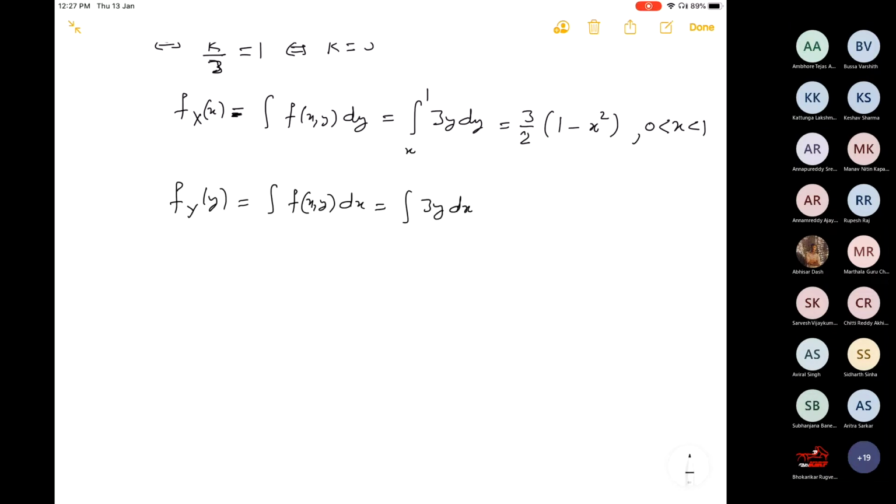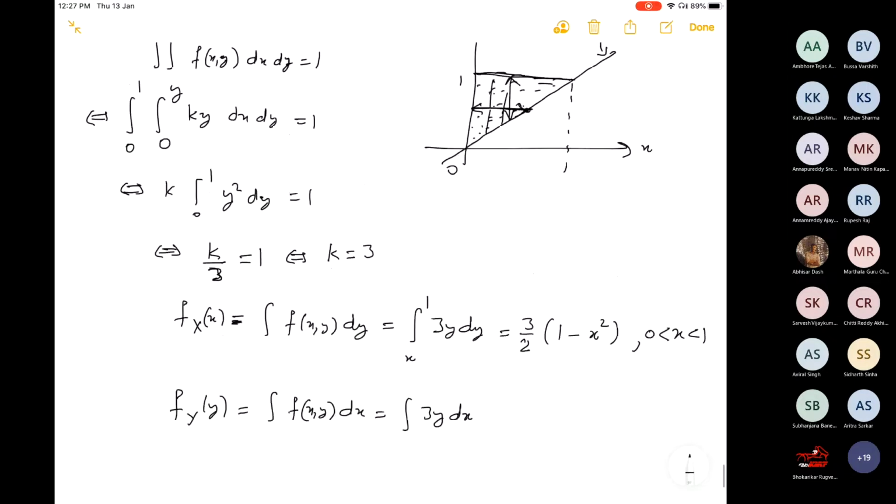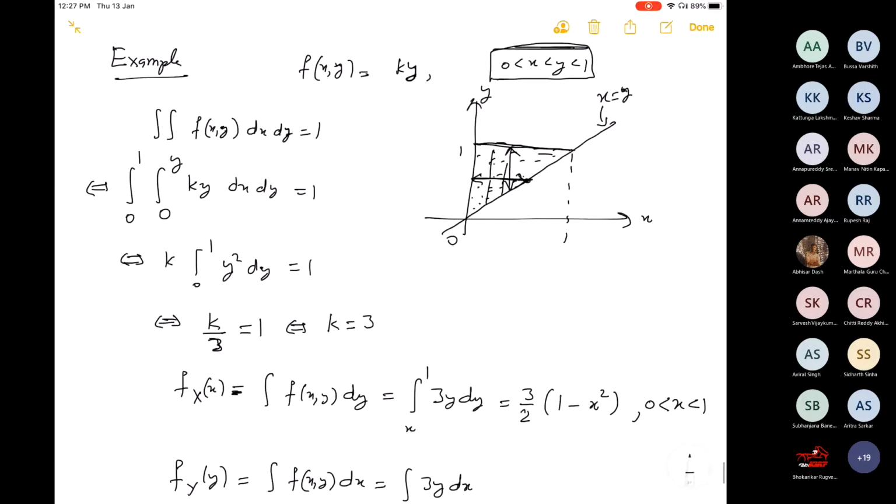Okay, so this is 3y dx. So now 3y, x is varying from this point to this, that means 0 to y.